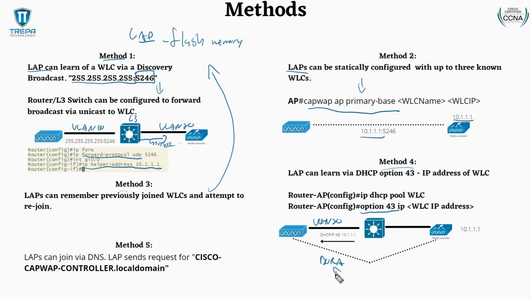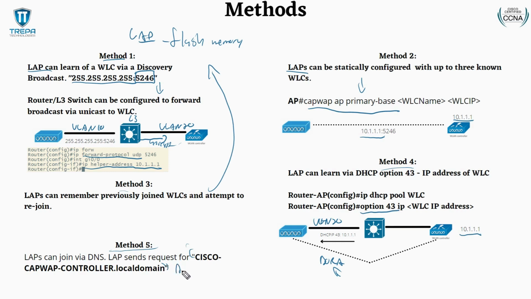And we're going to say, okay, DHCP server tells me that my wireless LAN controller sits here because of that option 43 address. And then if that fails, we're going to send DNS requests out for this name to see if any wireless LAN controller is listening to that and responds.